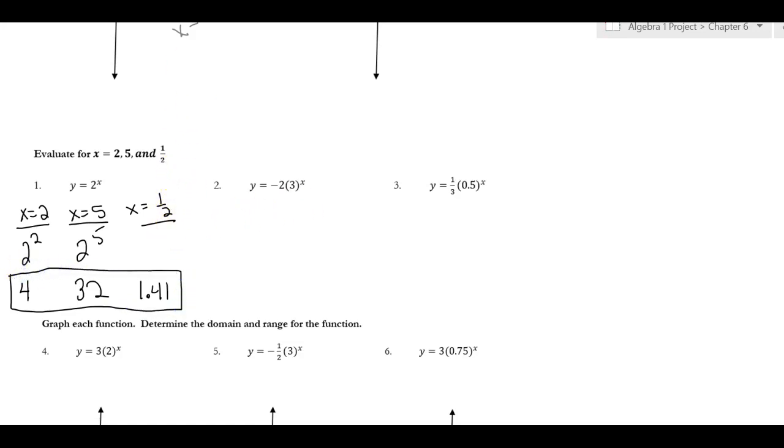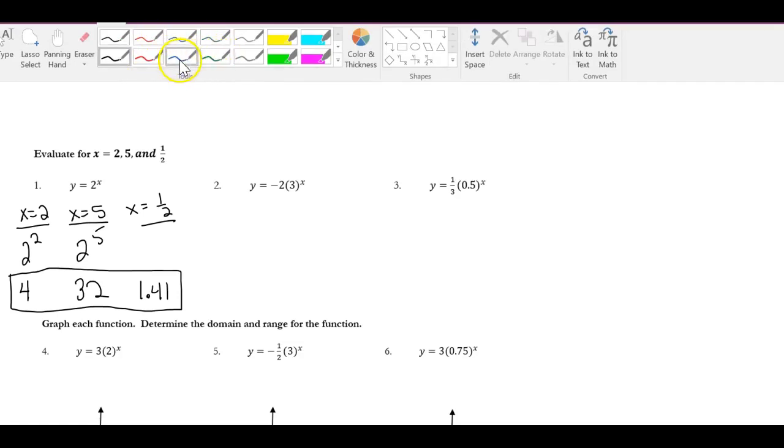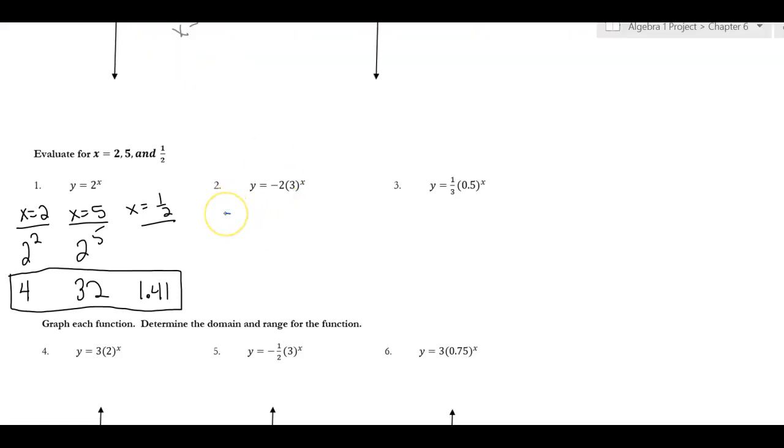All right, when we do number 2, we need to do 2, 5, 1/2. So it's -2 times 3 to the 2, -2 times 3 to the 5th, -2 times 3 to the 1/2. Okay, so if you wanted to do this by hand, you could. You would have to do 3 squared first. You don't do -2 times 3.